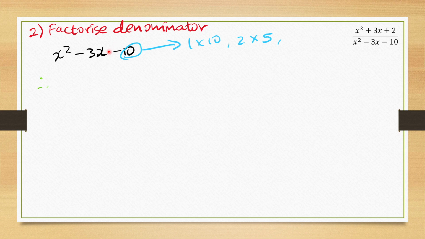Since this is minus 10, one of these must be minus. So it means either minus 1 multiplied by 10, or 1 multiplied by minus 10. Or it's minus 2 multiplied by 5, or 2 multiplied by minus 5. So we need to find a pair that comes to minus 3. You need to be a little smart about this.